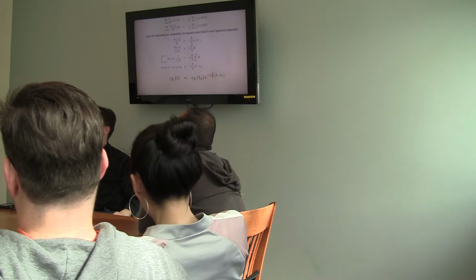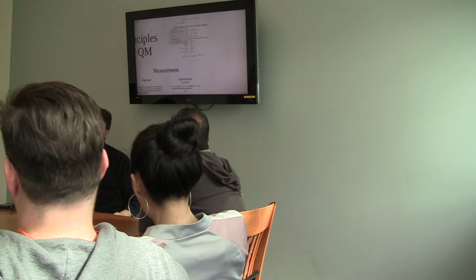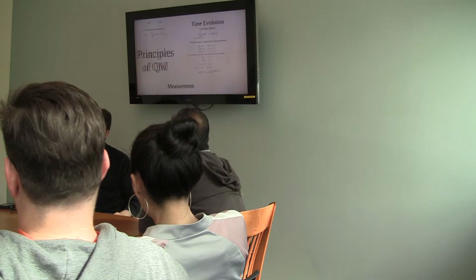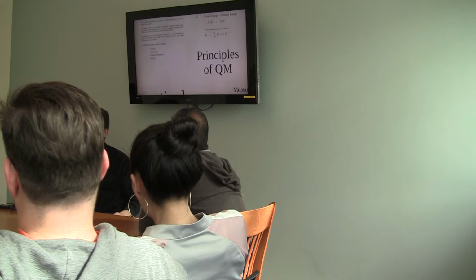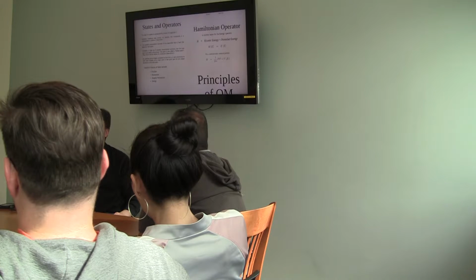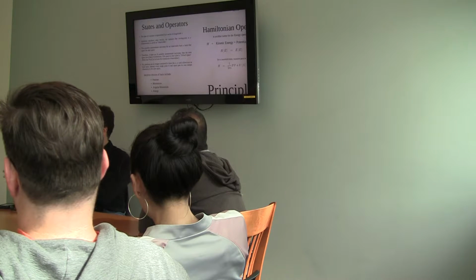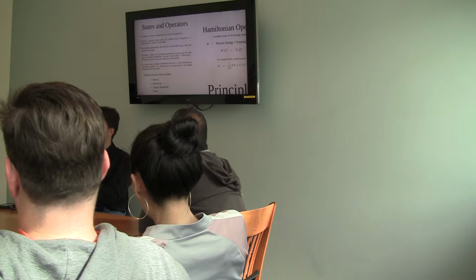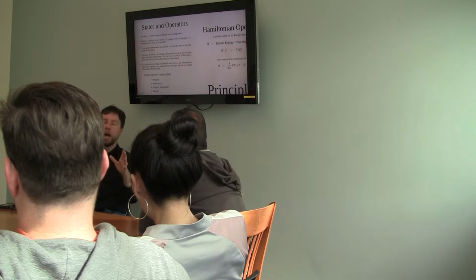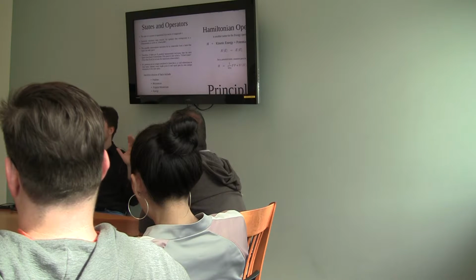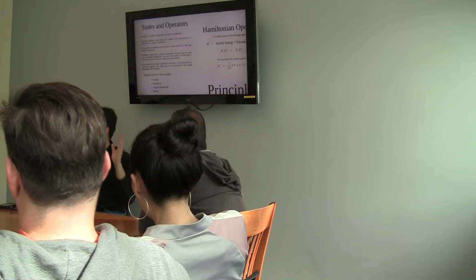So the state vector is, this is super key to quantum mechanics. The state vector is whatever happens to be the state of the system at the time. So you can write the state vector as a bunch of position vectors, or as a bunch of momentum vectors, or a bunch of energy vectors, or angular momentum vectors, or you can come up with some crazy complicated set of vectors that you want to use as your basis.